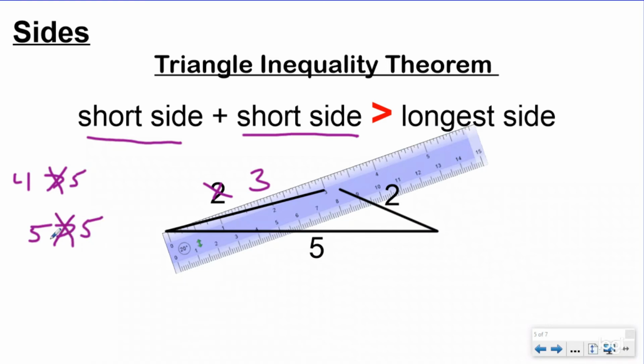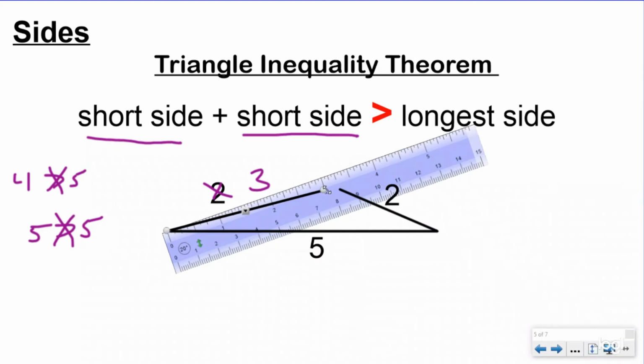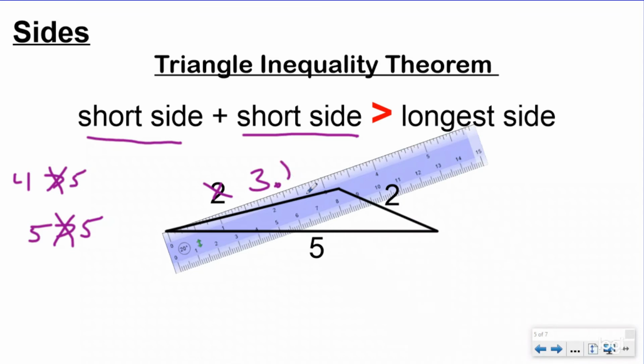It can't be equal to, it has to actually be greater. Now if I take this again, at my line, and I get a little bit past 5, let's say it was 3.1 here. There we go. Now 5.1 is greater than 5. This can make a triangle.